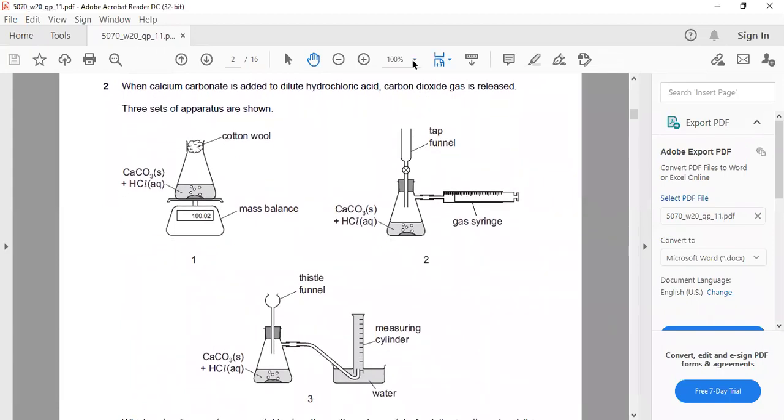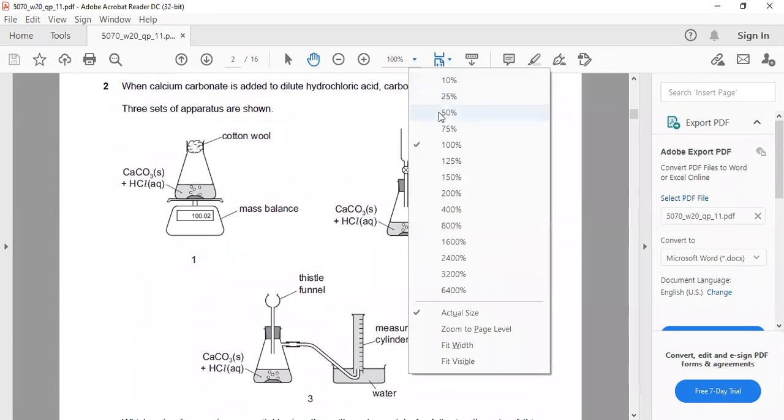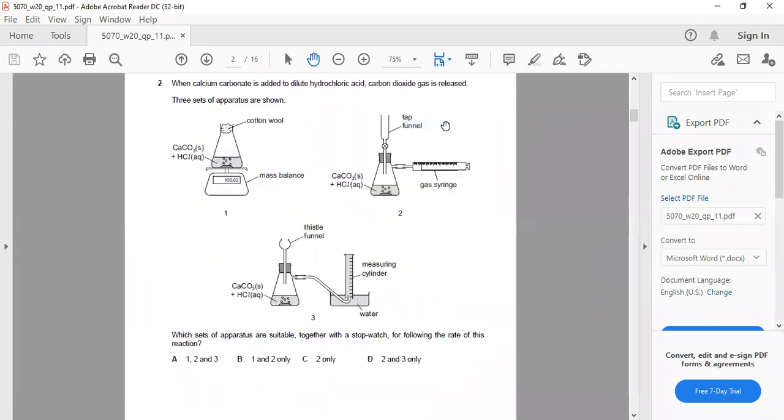This is a rate of reaction question. When calcium carbonate is added to dilute hydrochloric acid, carbon dioxide is released. Which sets of apparatus are suitable together with the stopwatch? Okay, means to measure the rate of reaction. So if you see one, two, three, which one is not suitable?